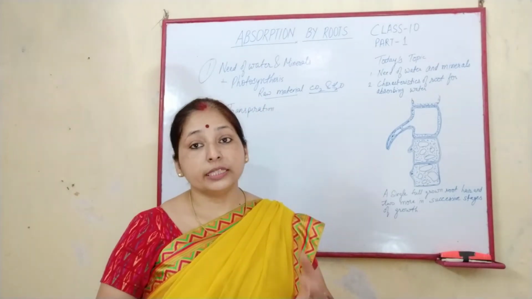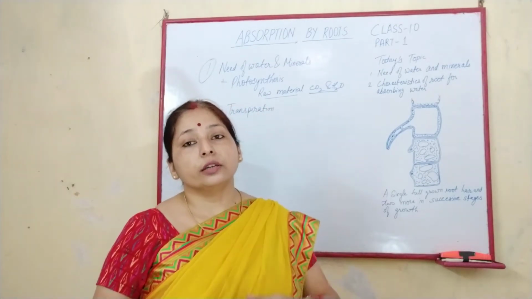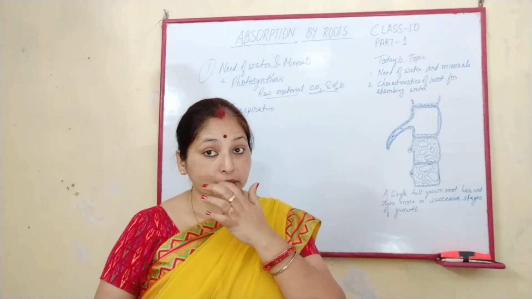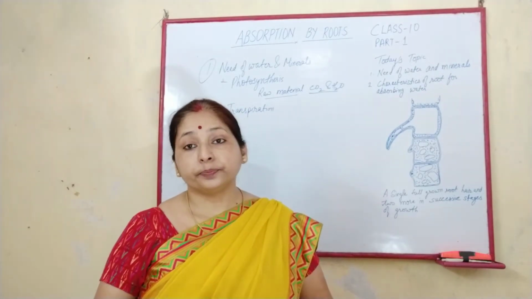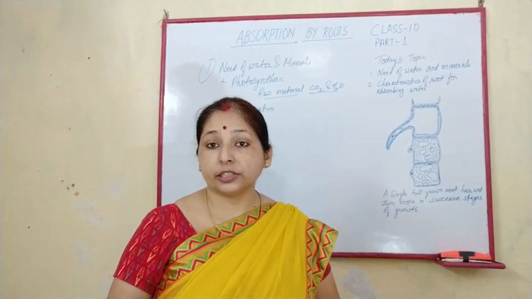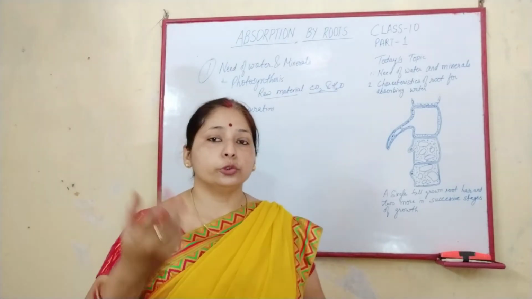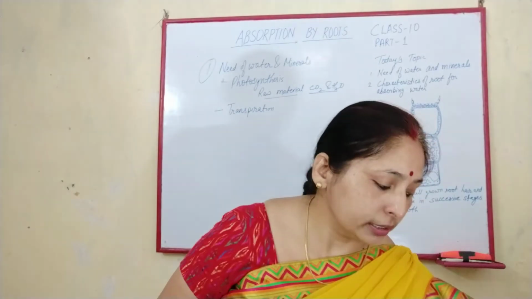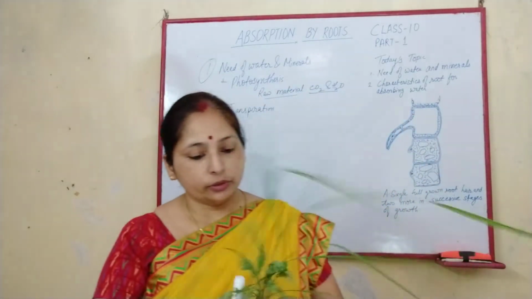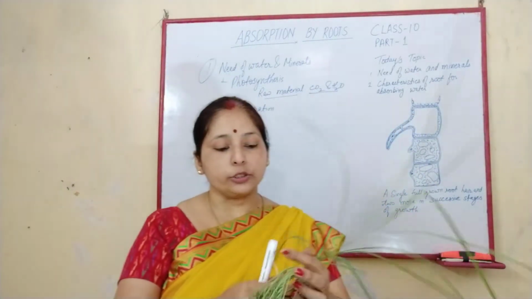Evaporation of water is necessary to cool down the surface of the plant. Next is to create a suction pressure in the plant for transportation of water from roots to shoot. I can show you these two by showing these two plants to you.